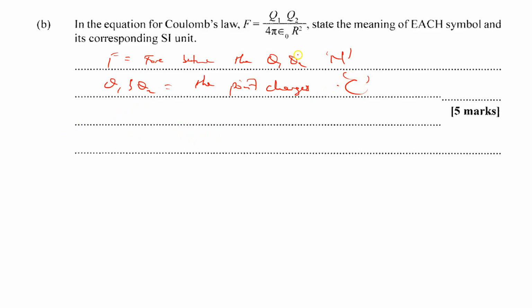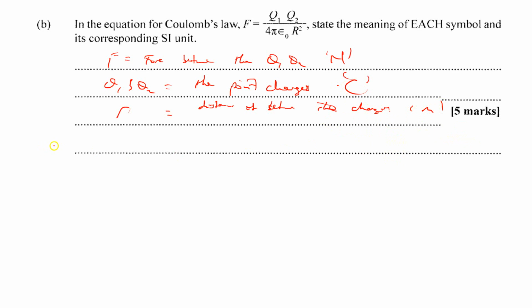Then r, you might see a capital R here, but don't watch that, they can trick you sometimes. We normally use a small r. That is simply the distance of separation between the charges. Sorry for my bad handwriting, that has always been with me. The unit here is meters. So always remember to put in everything when they ask. It's a 5-mark question. Can you imagine you get 5 marks from answering such a simple question once you know the variables?